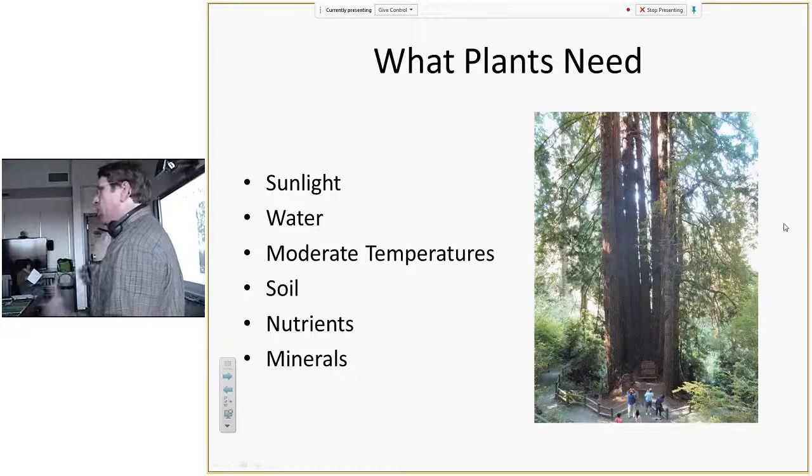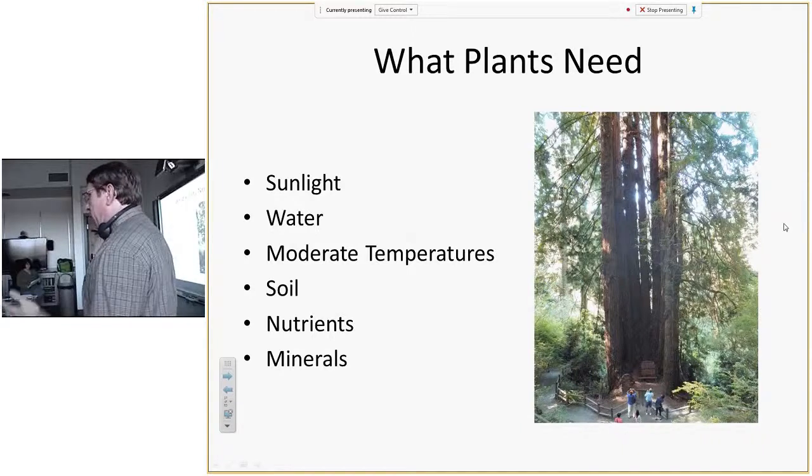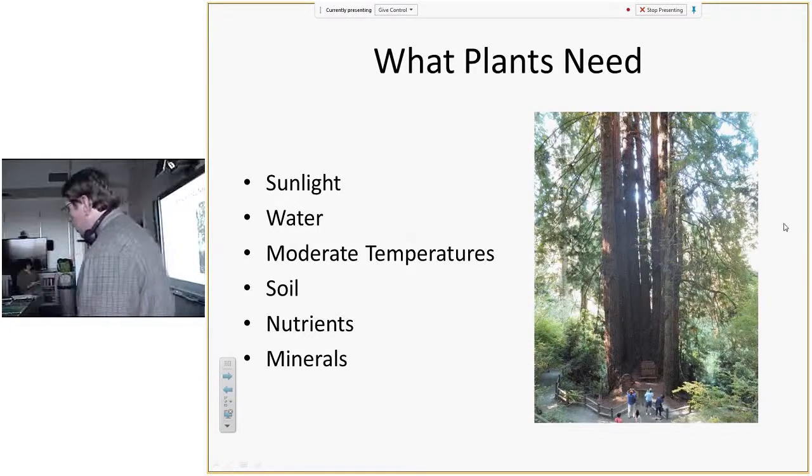And that has an influence on the temperatures we see, the day length, the sun angle, what plants have to deal with. If you were at the equator, where you have much more day length and the sun angle is different, you're going to see a different plant community. But we're at 48 degrees latitude, it's much more temperate.